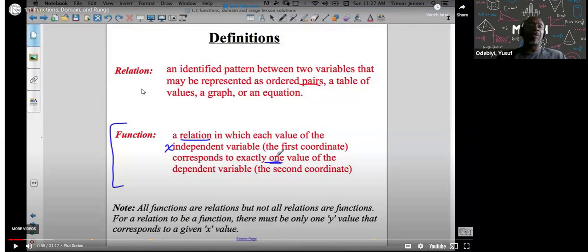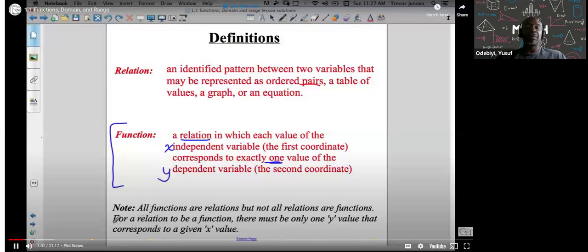That is the key. A relationship could be two things paired together, and you can have an x with multiple y's, but in a function, you can only have one y for every x, okay? And you'll see that. We're going to see the graph and you'll see what we mean.